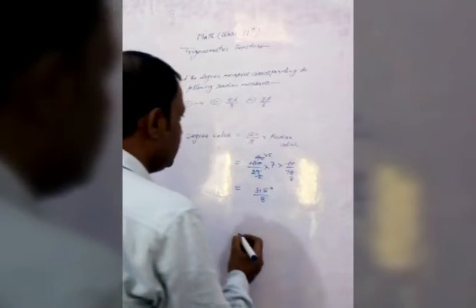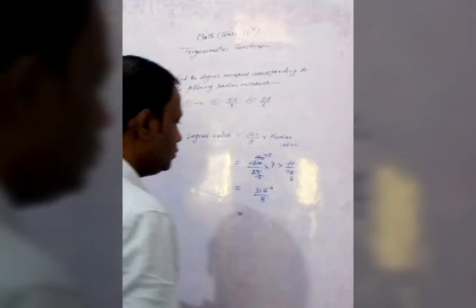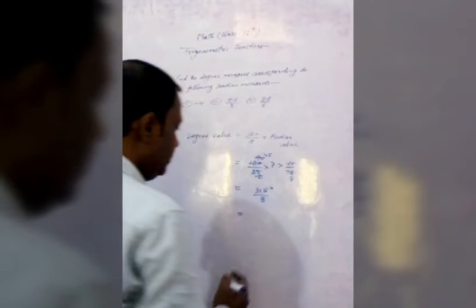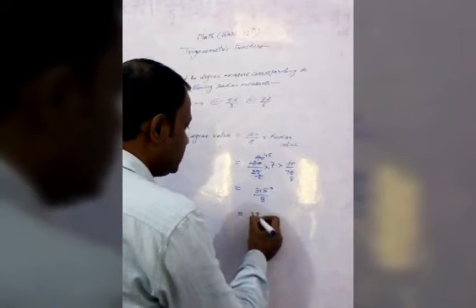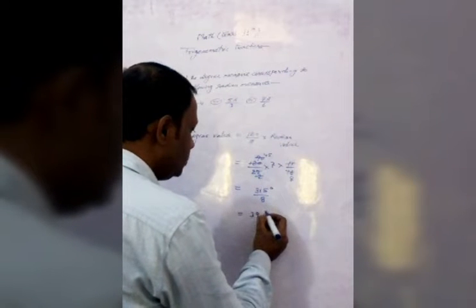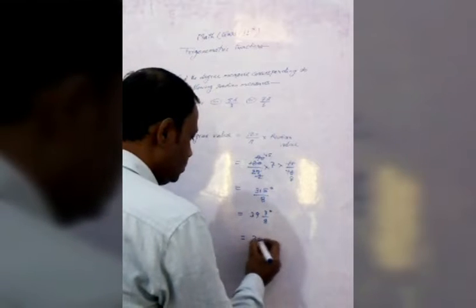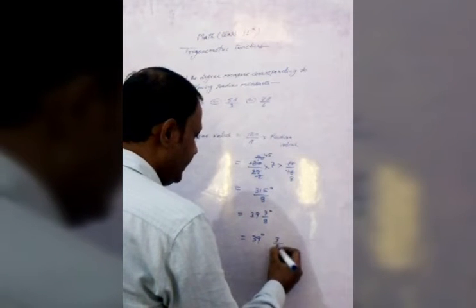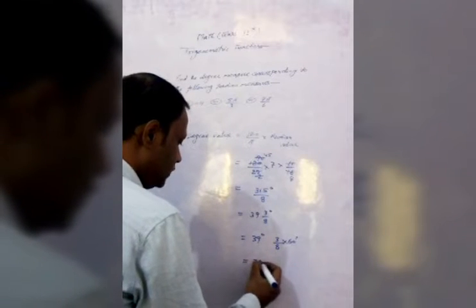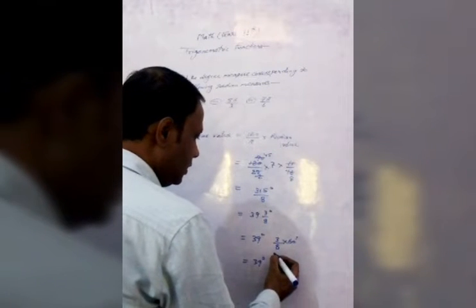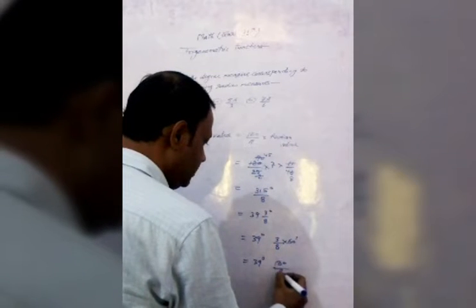This is the value converted in degree from radian, but we have to simplify it much more ahead. 8 3 is 24, 8 9 is 72, 39 whole 3 by 8 degree, which is equal to 39 degree. 3 by 8 degree means 3 by 8 into 60 minute, which is equal to 39 degree. This is 6 3 is 18, 180 upon 8 minute.